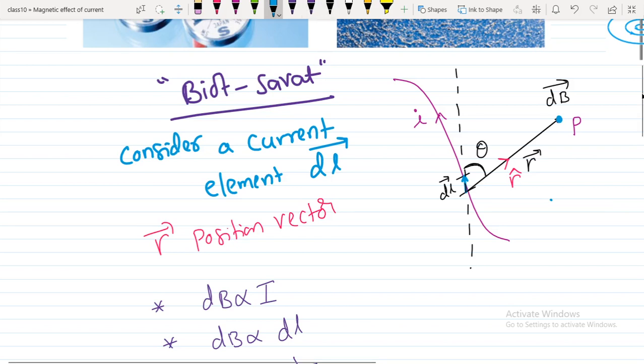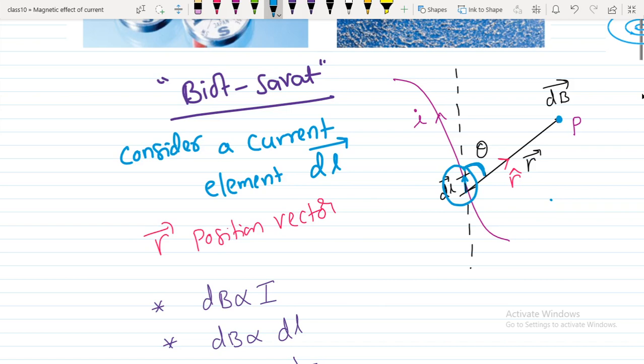It means the elemental length dl turns through the angle theta, so dl is rotating over r in the clockwise direction. When you rotate the screw in the clockwise direction, where will it move?